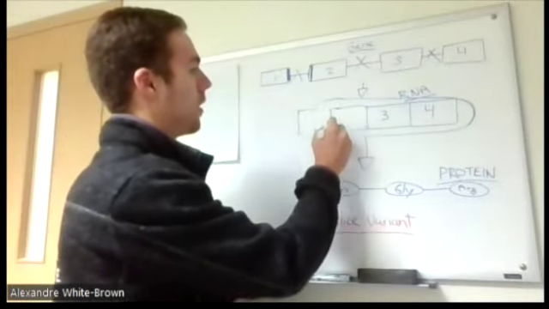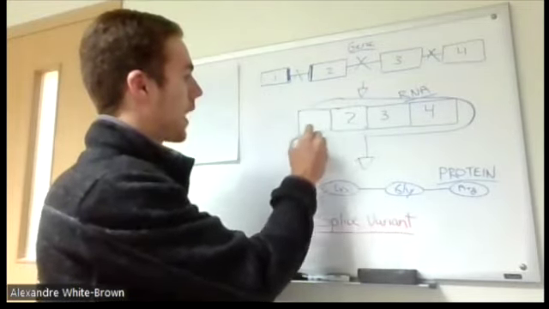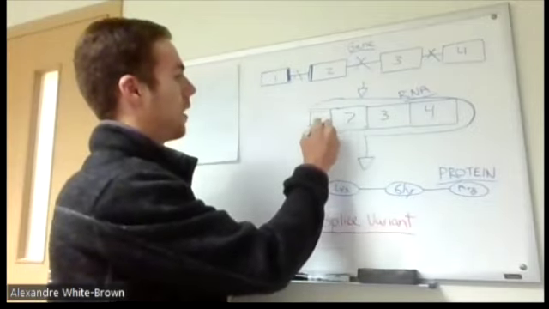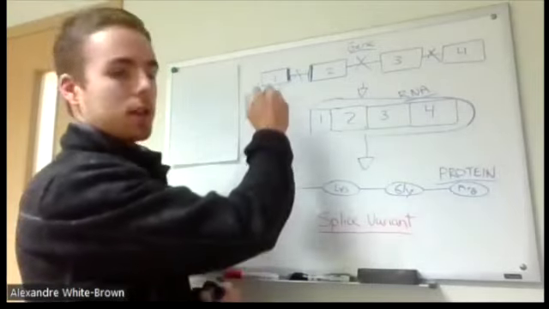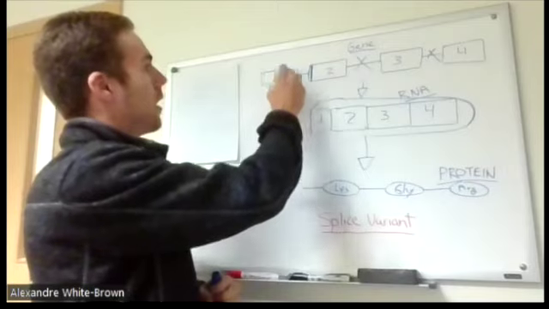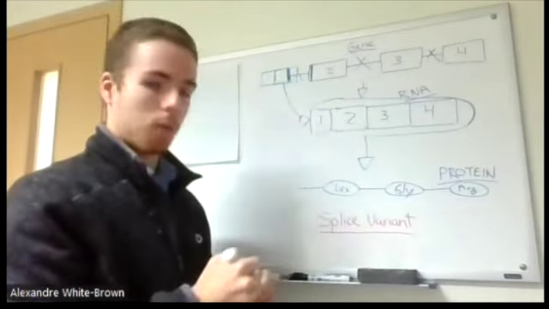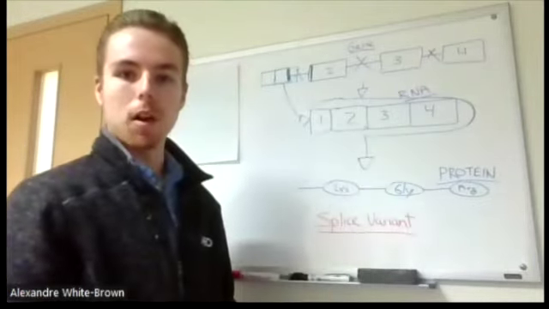So we have our full exon 2 that's been spliced properly, but then we only have half of our exon 1. And this can be because perhaps there's a splicing variant that only allows part of this exon to be read, and then we only end up with a partial exon 1 that's spliced properly in the final RNA product.